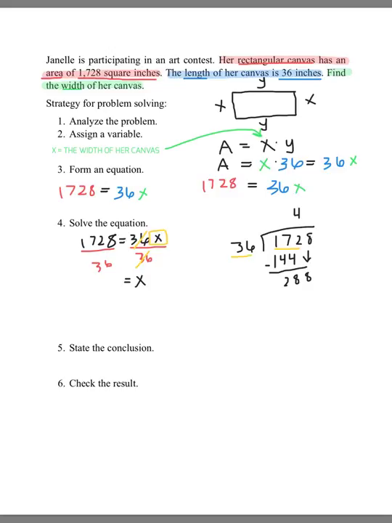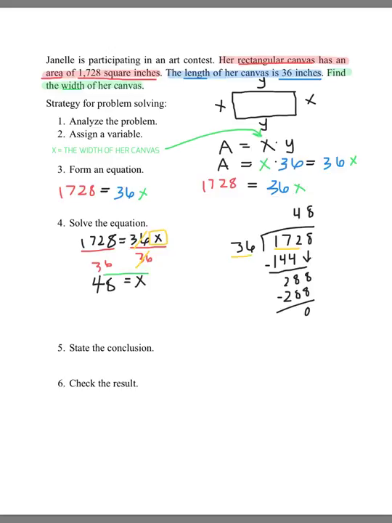And now our question is, how many times does 36 go into 288? And the answer is 8. And it just so happens that 8 times 36 is indeed 288. So we end up with the remainder of 0. So then x is going to equal 48.